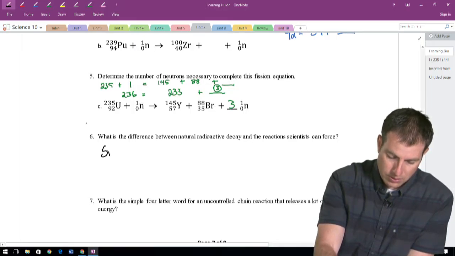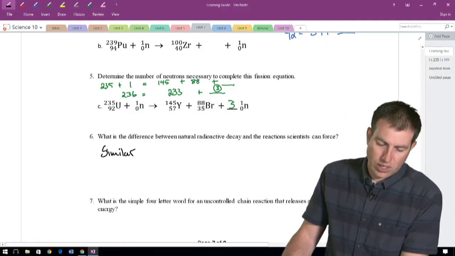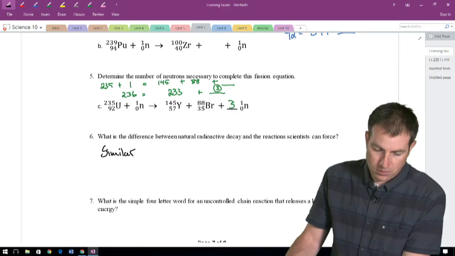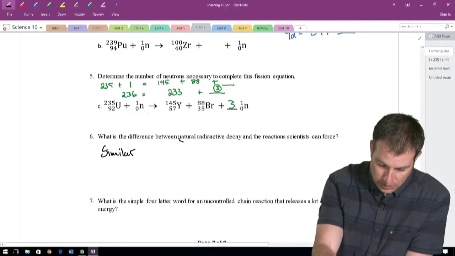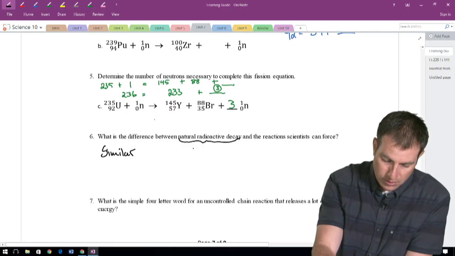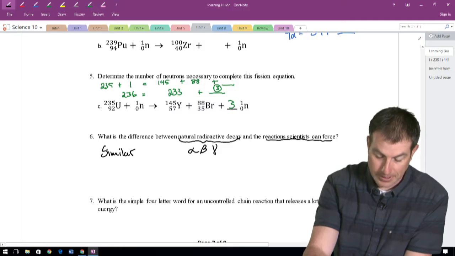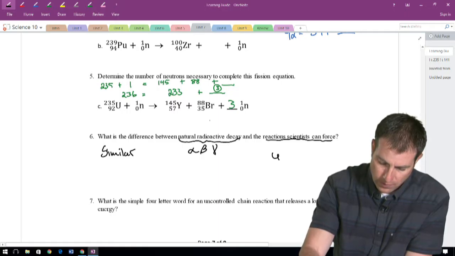Did anyone find in the course where it describes what the difference is? So maybe natural decay is going to be things like alpha, beta, and gamma, whereas reactions that are forced are going to be things like uranium-235 plus a neutron.